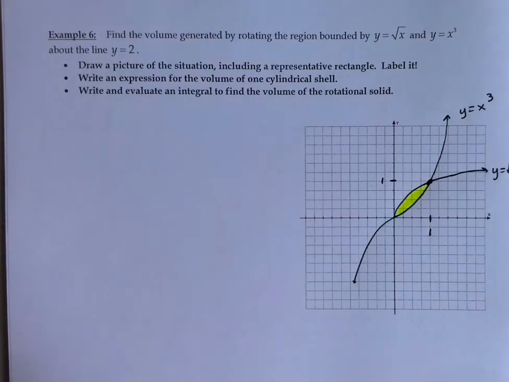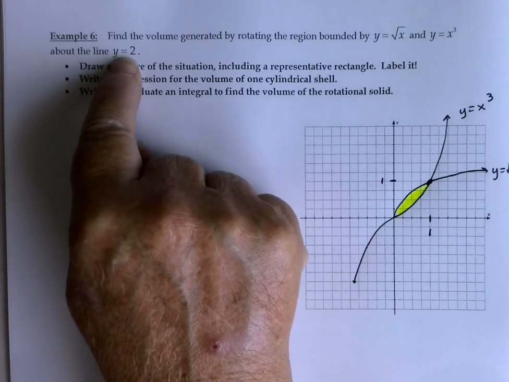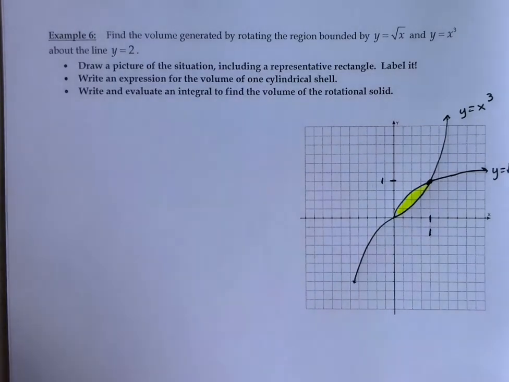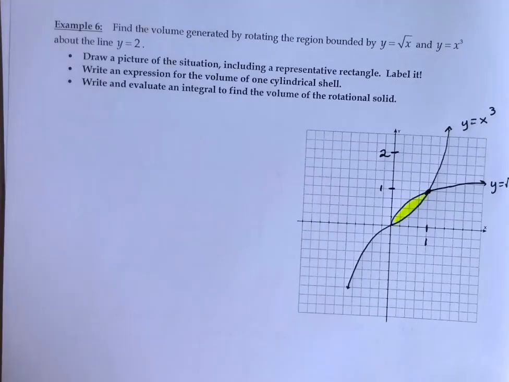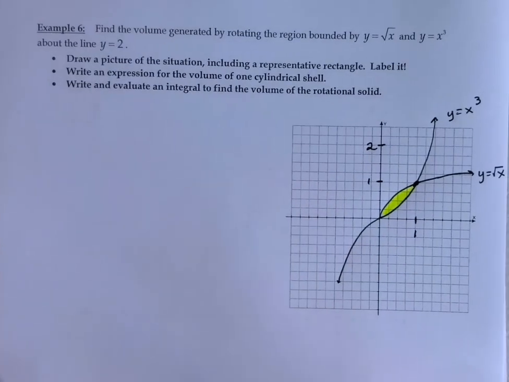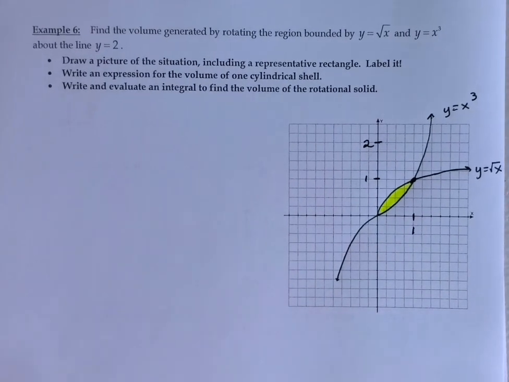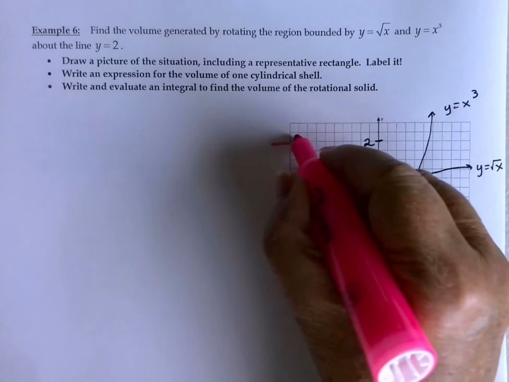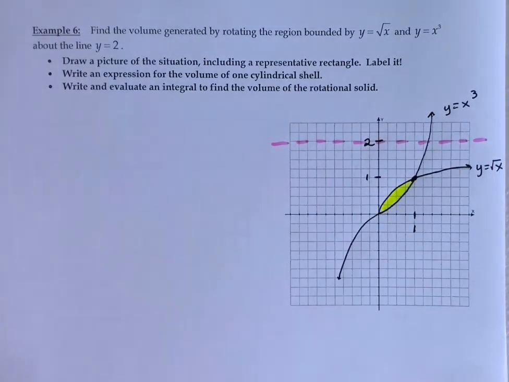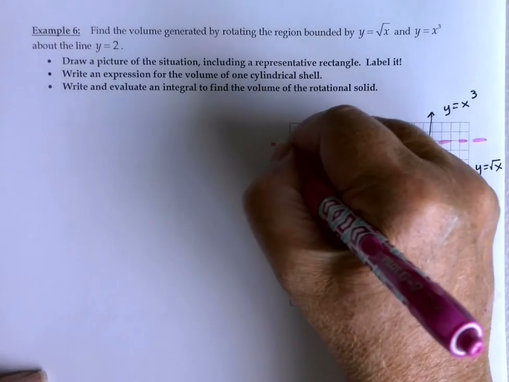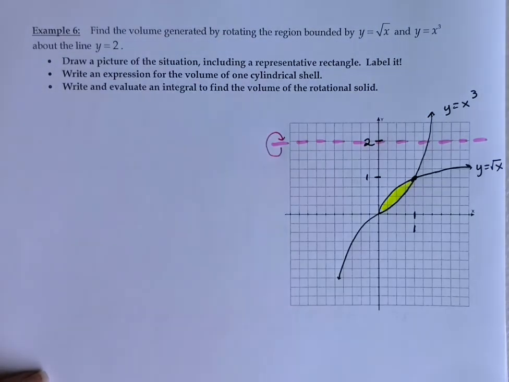This time our axis of rotation is y equals 2, the horizontal line up here at height 2. And we want to rotate around that line.